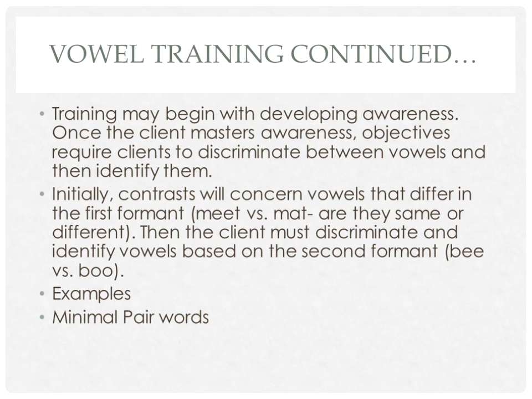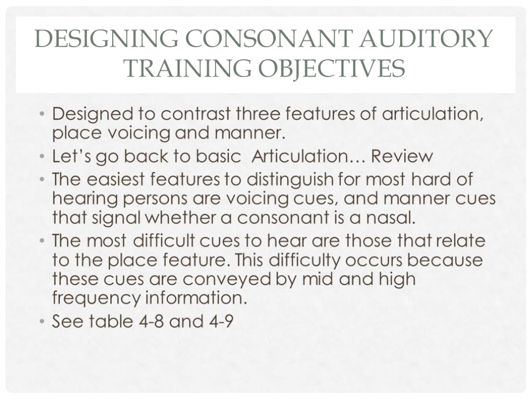So again, vowel training begins with awareness, and then you build to contrast where the vowels differ in the first formant, like meat and mat, and then where the client does have to discriminate vowels based on the second formant, like B and boo, if you and the audiologist are convinced that there's enough hearing at the second formant for that to be a possibility. And you play these minimal pairs games.